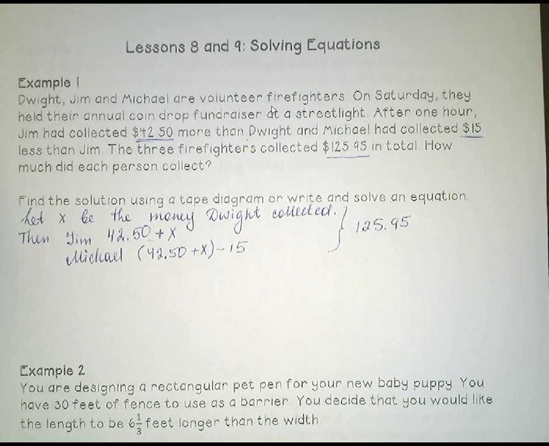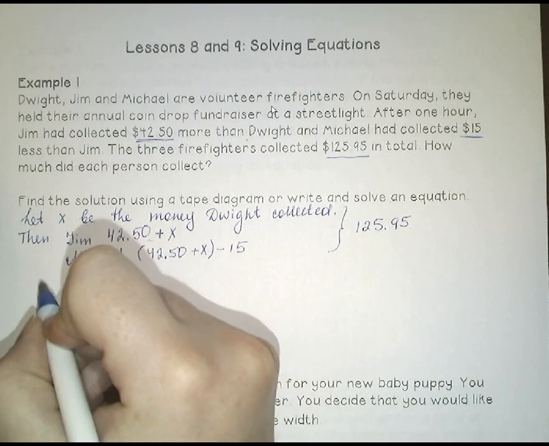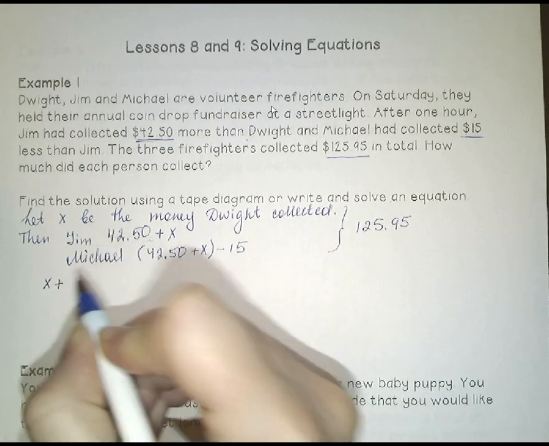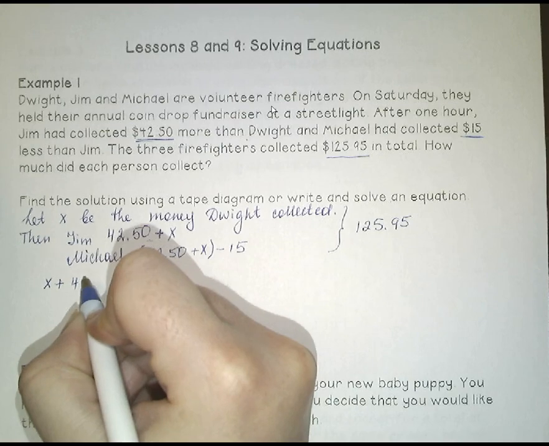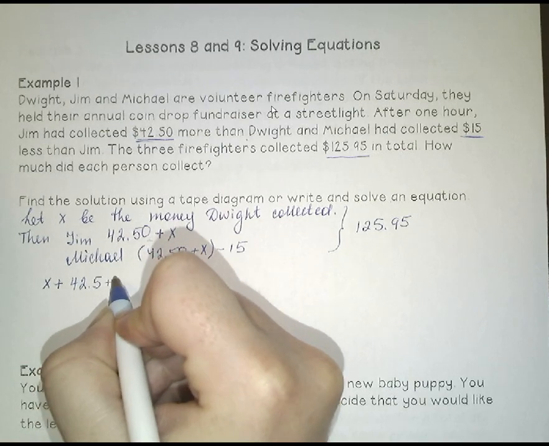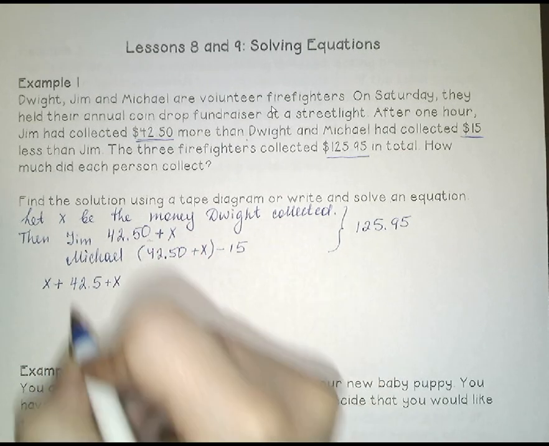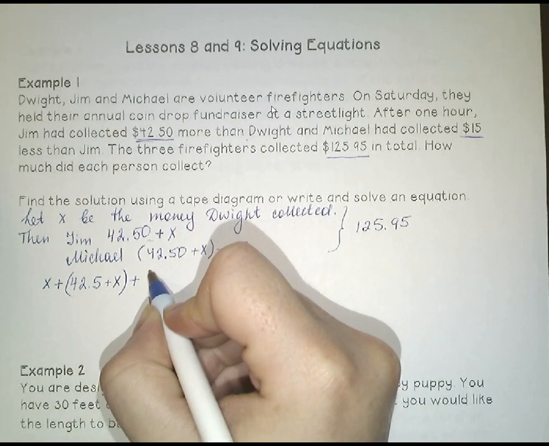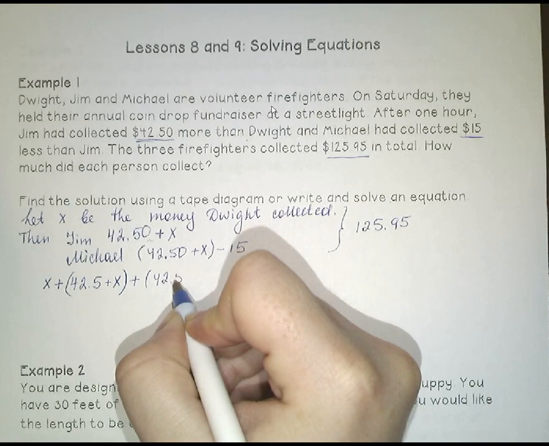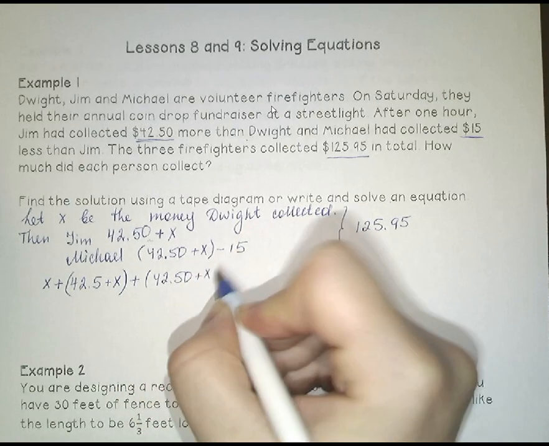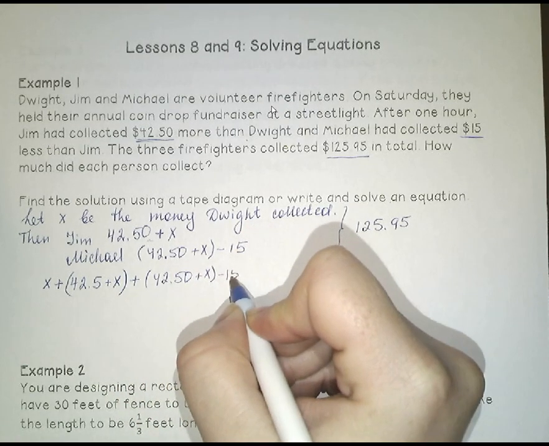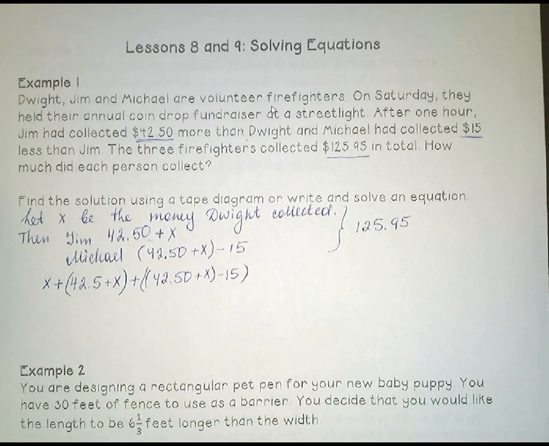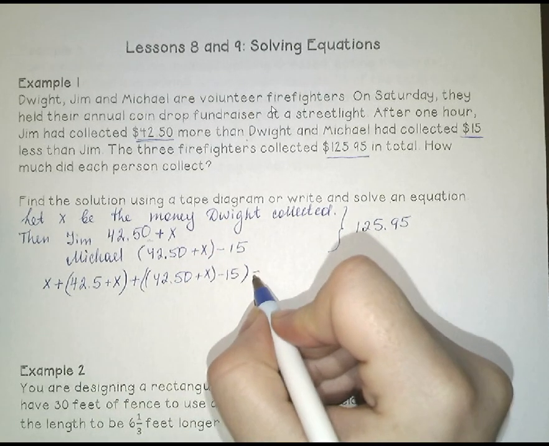So let's put it in equation. We have X for Dwight, and we are adding 42.50 plus X for Jim, and I will put it in parentheses for now, and we are adding 42.50 plus X minus 15 for Michael.